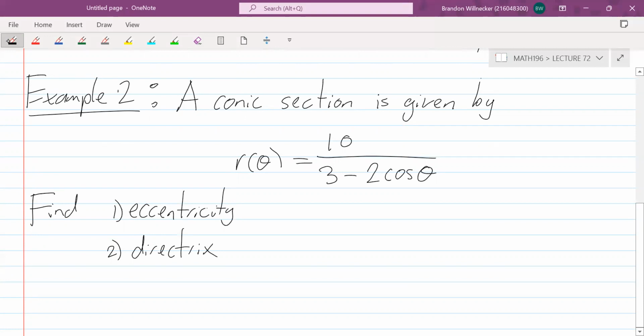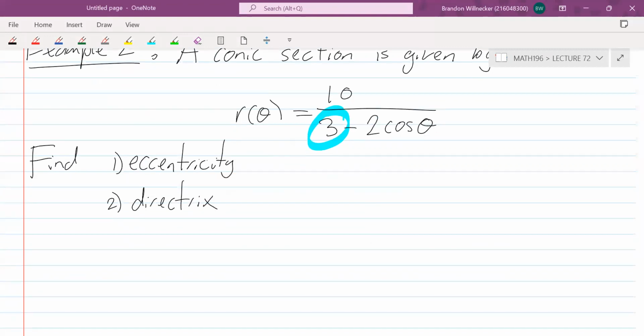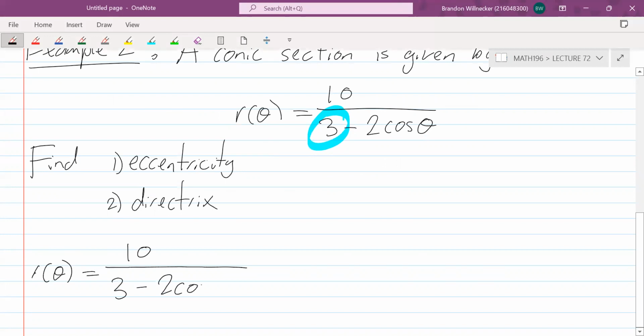Okay, so this is not exactly what we had before, because remember it was E times D over 1 plus or minus E cos theta. Here we got this 3. We want to get rid of that, so what we can do is divide top and bottom by 3. So r of theta is equal to 10 over 3 minus 2 cos theta.